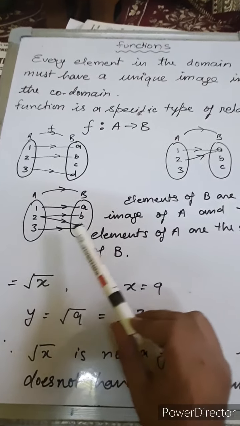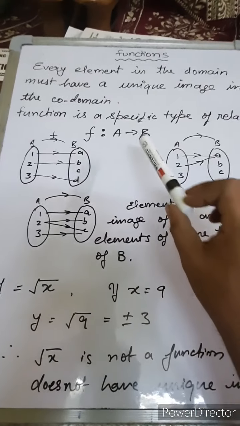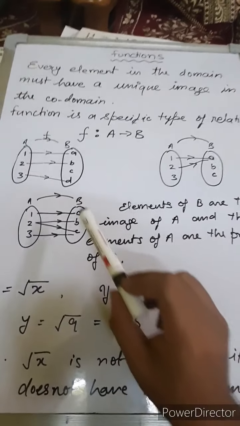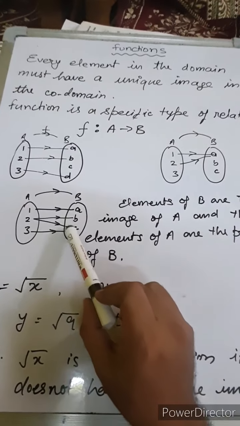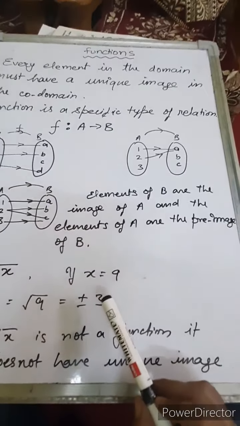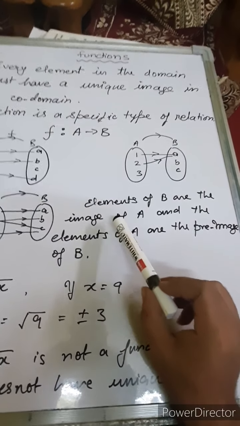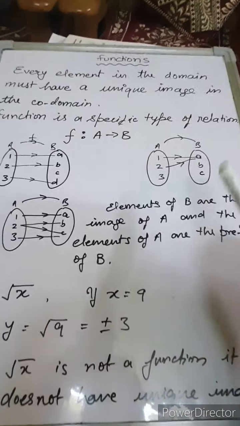So 2 is the pre-image of two elements, B and C. The definition says every element in the domain must have a unique image in the codomain. So this again violates the definition, and this is not a function, right? So we can say that the elements of B are the images of A, and the elements of A are the pre-images of B. So this is all about function.